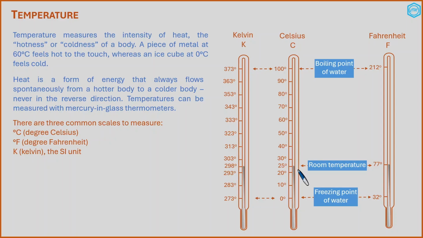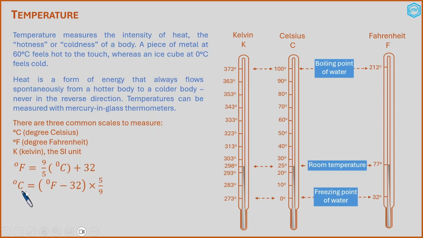Room temperature is 25 degrees in the Celsius scale and 77 degrees in the Fahrenheit scale. In the Kelvin scale, it is 298 Kelvin. We can interconvert degree Celsius to Fahrenheit, Fahrenheit to degree Celsius, or degree Celsius to Kelvin. Degree Fahrenheit is equal to 9/5 times the temperature in degree Celsius plus 32.